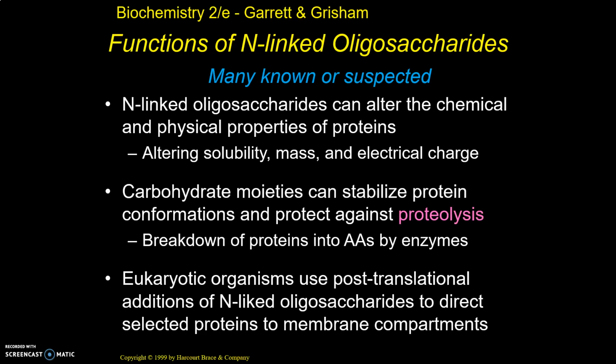So if a protein is incredibly important and needs to get from point A to point B before it's broken down, if it has the ability to form this N-linked oligosaccharide, it's going to do that because it helps protect it. And so we are eukaryotic organisms, right? They like these post-translational additions of N-linked oligosaccharides because they can help get proteins from A to B, especially when B is a membrane compartment.